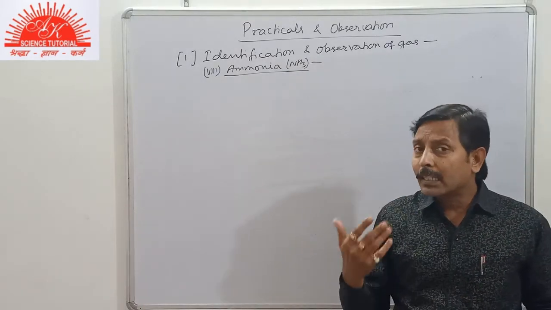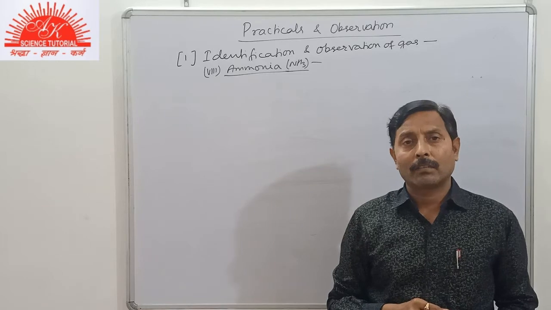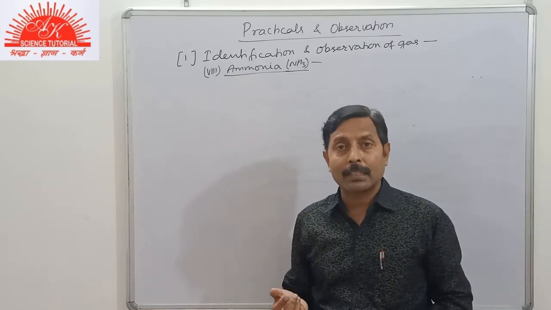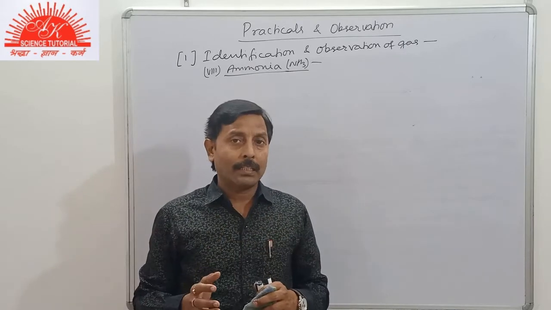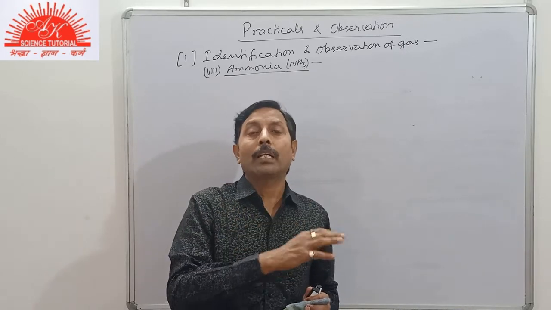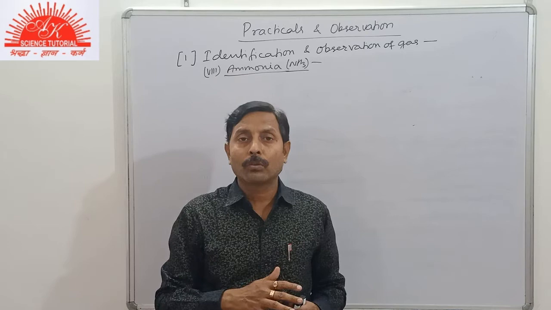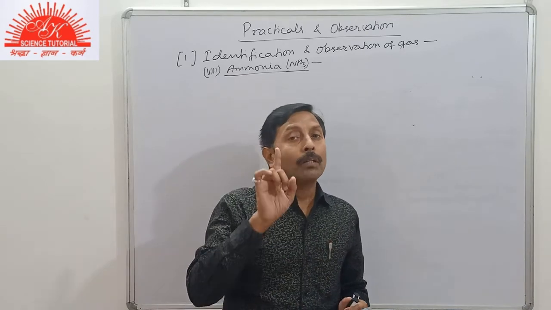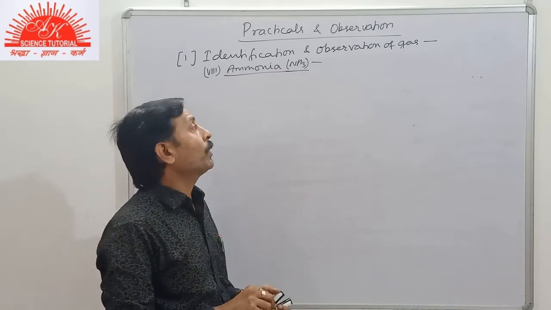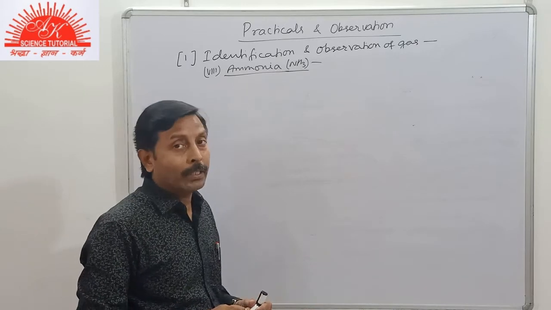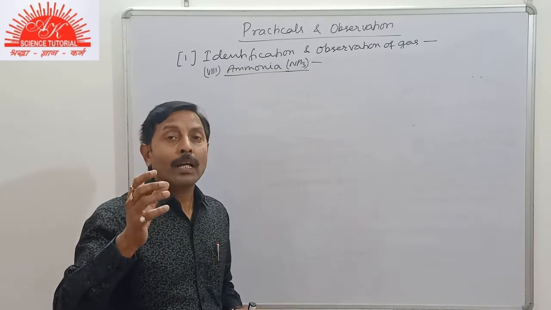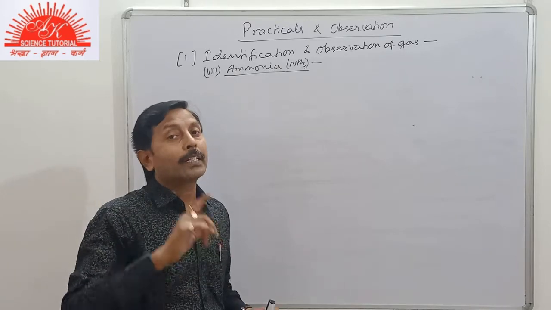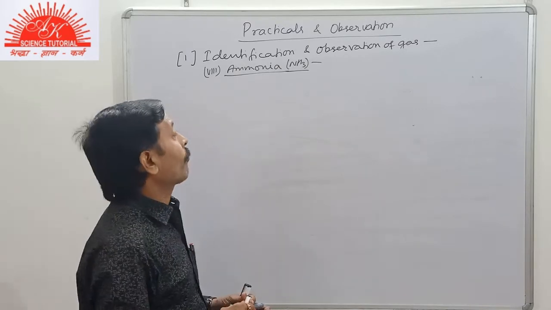So, it can be easily identified with the help of indicators, because there were many acidic gases like CO2, SO2, Cl2, HCl, NO2 and so on. But only one basic gas which we have to study, that is ammonia. So if it is given that a gas turns moist red litmus paper blue, it must be ammonia.